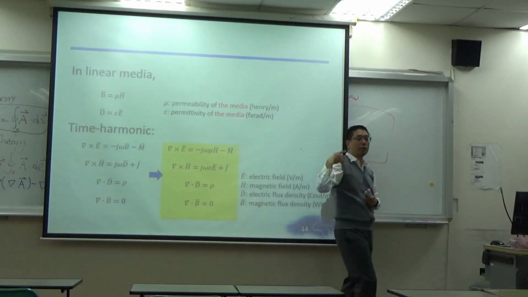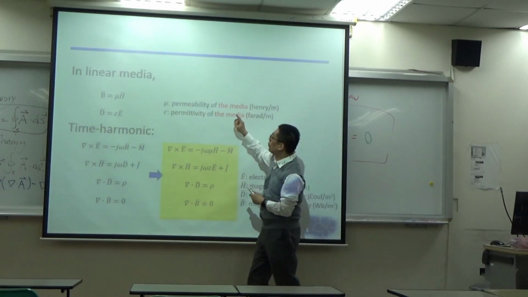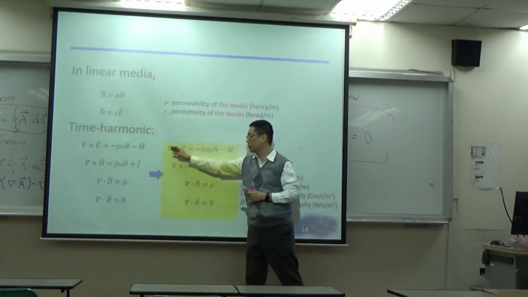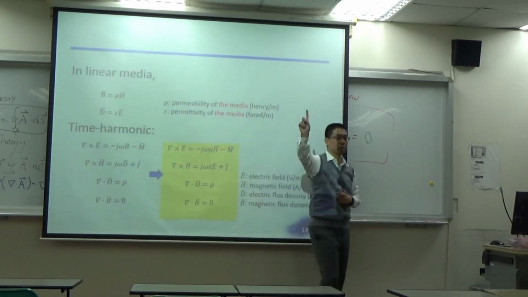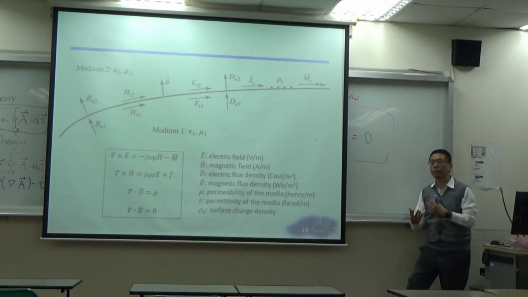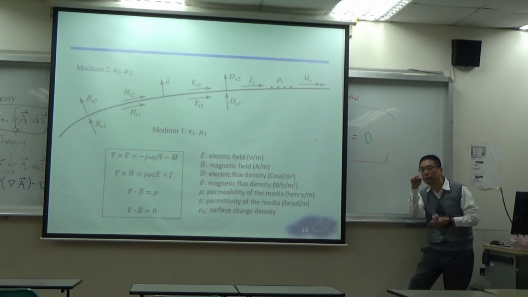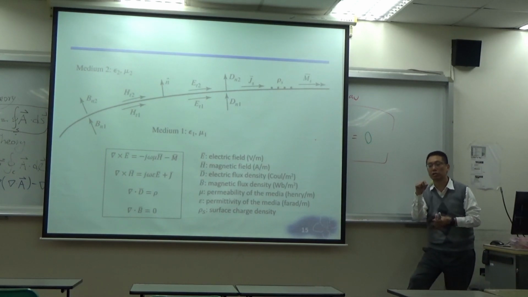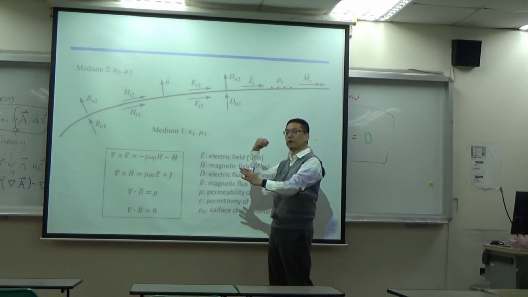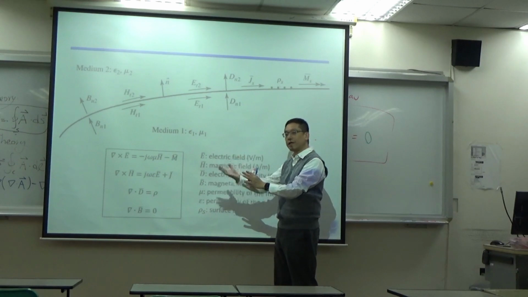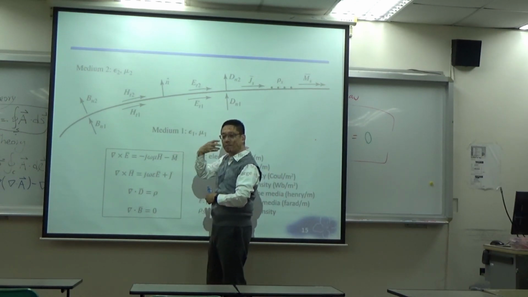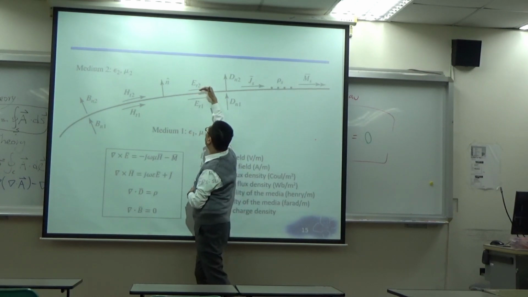This is the first step. We change according to this relationship, changing to the yellow part. Now we try to write down the notations. You have the E field, you have an electric flux density D, and the H and the B on both sides.